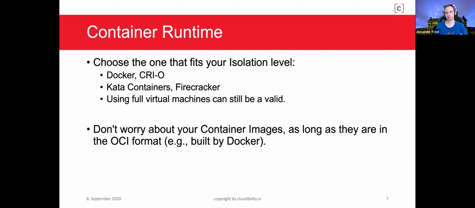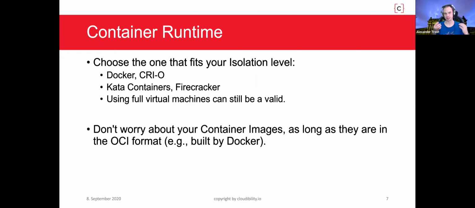So no. For the container runtime part, you don't really need to worry about your container images, because normally if you build an image, it's already in the correct format, which is called the Open Container Image format, something like that. Simply put, there is an initiative which has standards in place, so you don't need to worry about it.